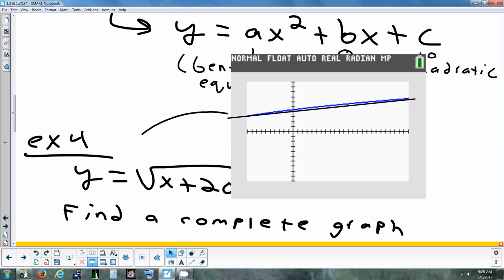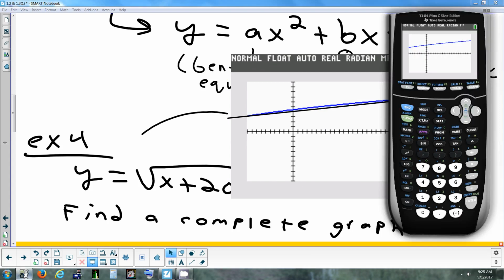Yep? Need to move the x min. Yeah, let's adjust the x min. Let's try negative 20. I hit the wrong thing. If you want to stop it from graphing, I think if you press second, I forget if it's quit or off, but if you do one of those things, if it's going to take like 30 seconds to finish your graph, you can stop it.